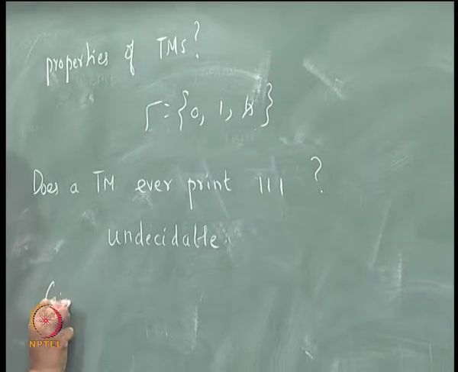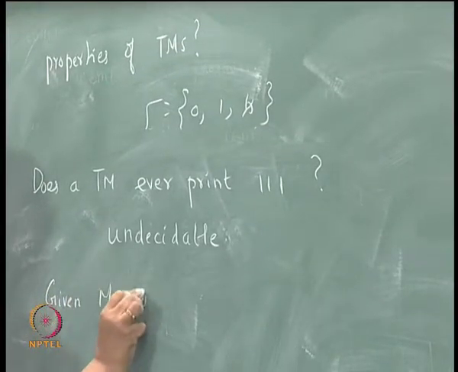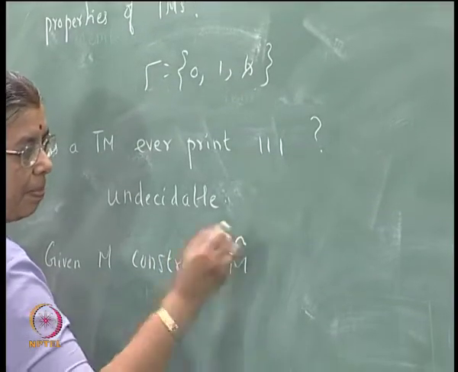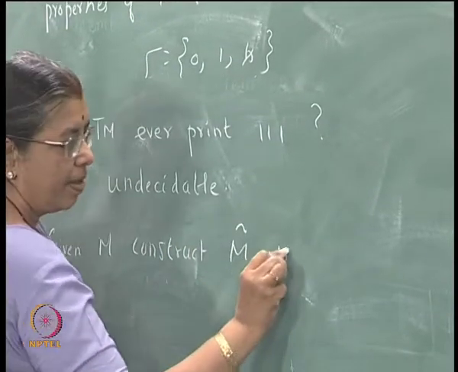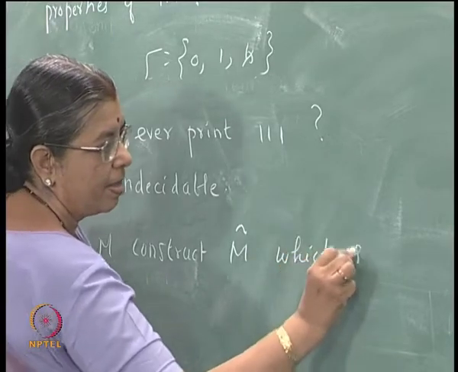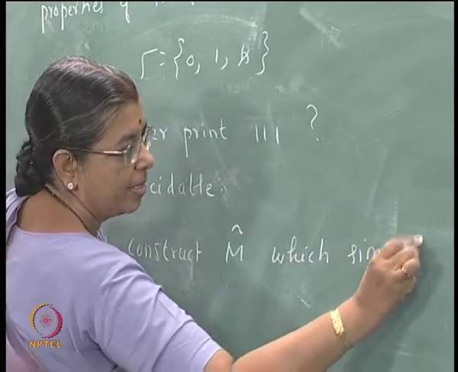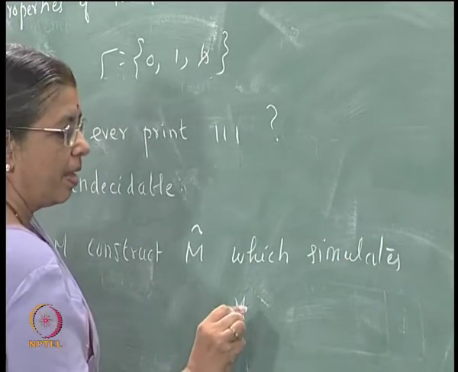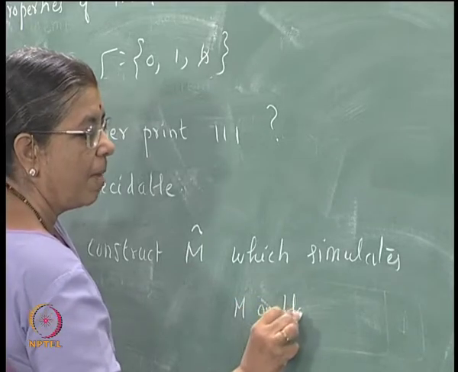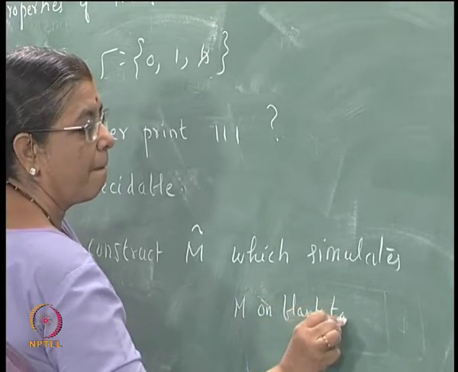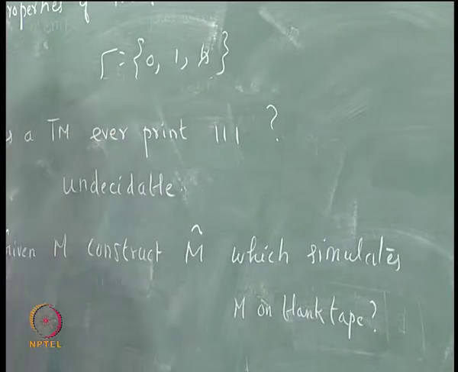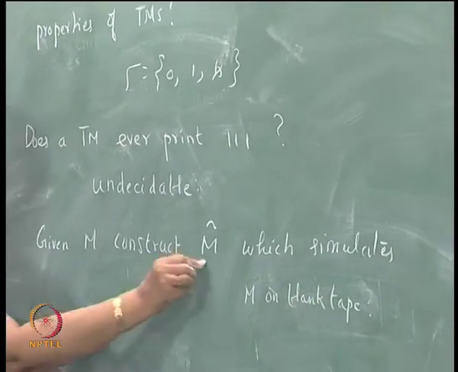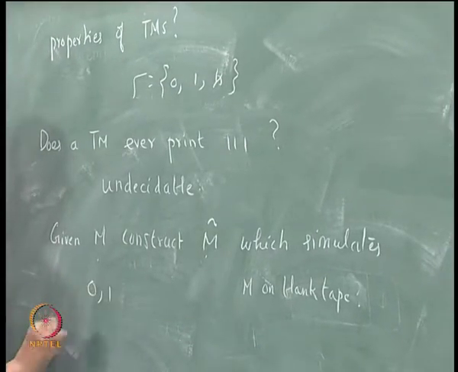Given M, construct M cap which simulates M on blank tape. Now, for M the symbols are 0, 1.